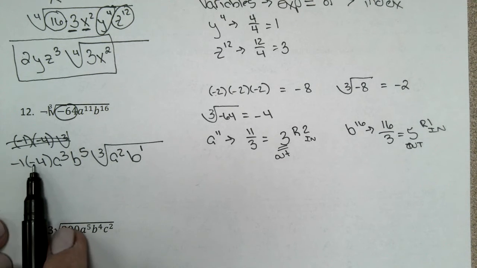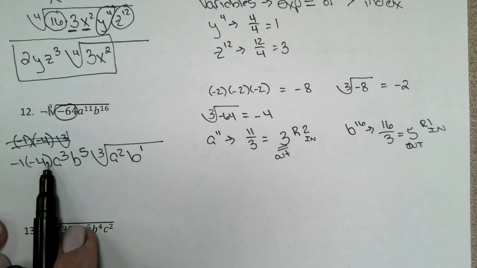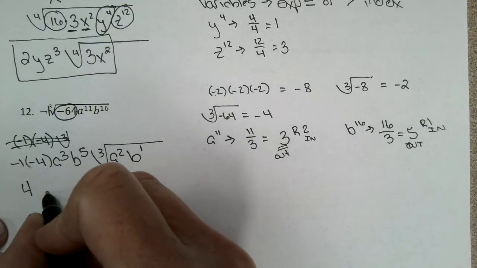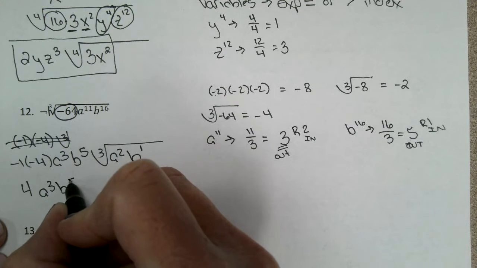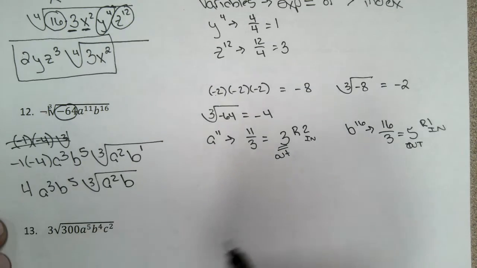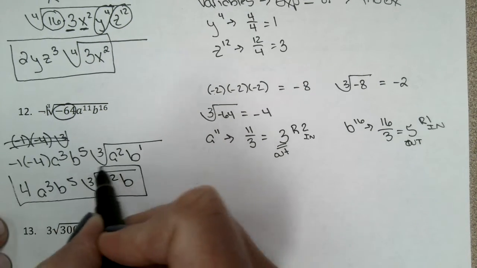So this is a multiplication problem. So now we're going to finish multiplying. That negative times negative is a positive 4. A to the third, B to the fifth, the cube root of A squared B.